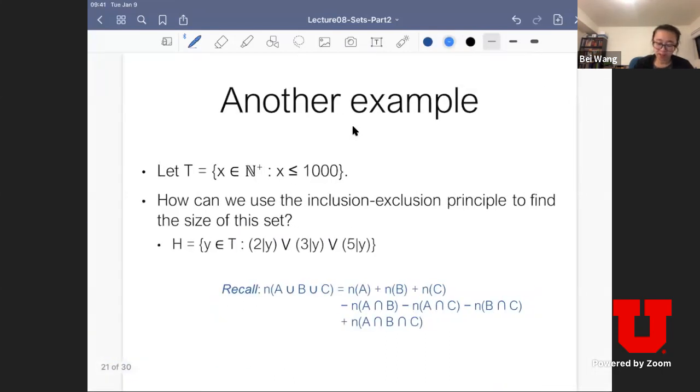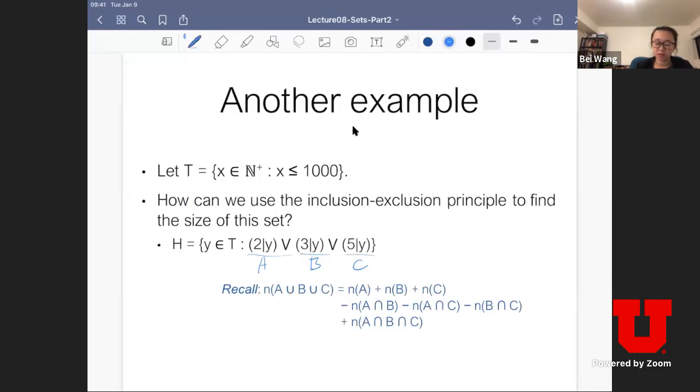Similarly, we have a slightly more complicated one. Again, this is a quick review. If I have three sets, where this is set A, set B, set C, then I need to think about not only how many elements are in each individual set, but also their pairwise intersections. In this case, the pairwise intersection of A and B are the numbers that are divisible by 6.